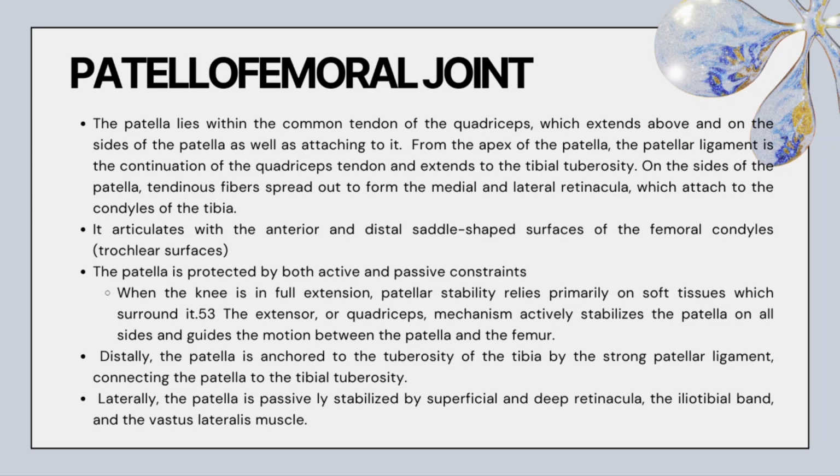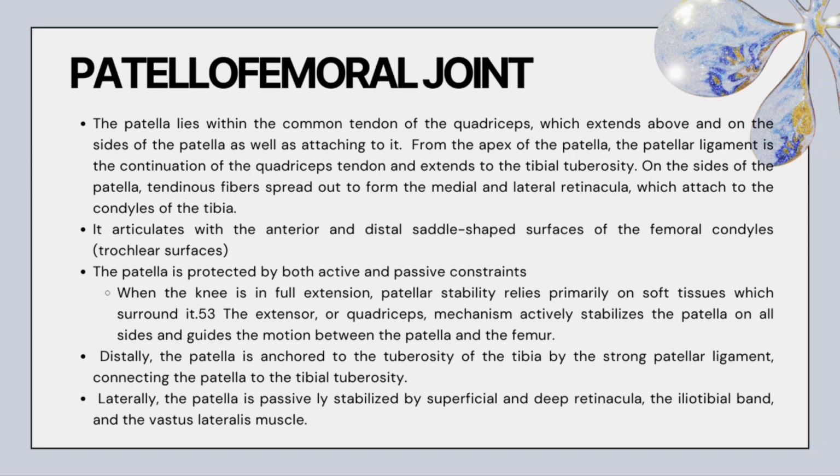When our knee is in full extension, the stability of the patella relies primarily on the soft tissue which surrounds it. The quadriceps extensor mechanism actively stabilizes the patella on all sides and guides the motion between the patella and the femur. From 30 degrees to 0 degrees, the primary responsibility of the vastus medialis oblique or the VMO muscle is to serve as a dynamic stabilizer of the patella.